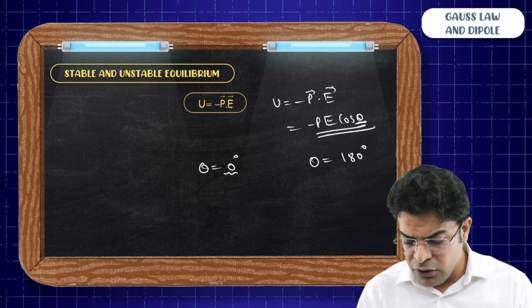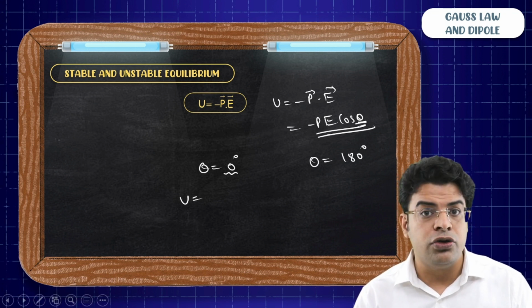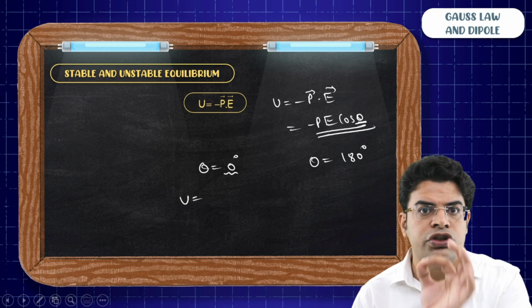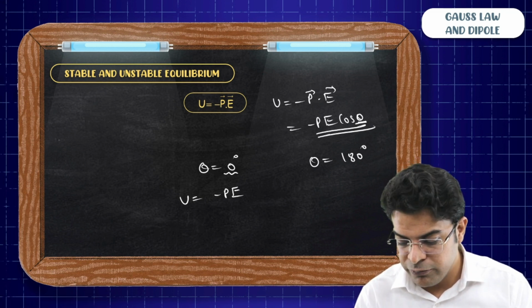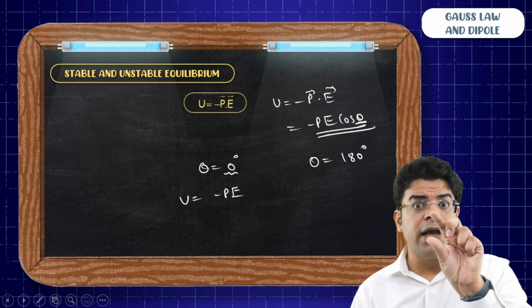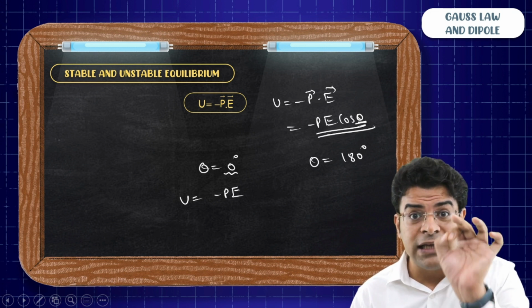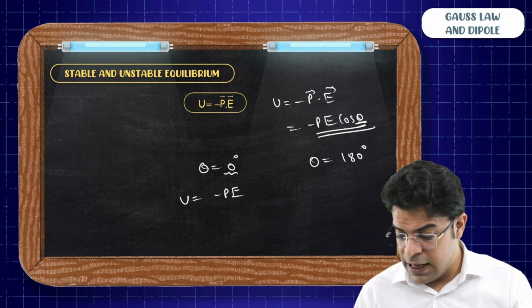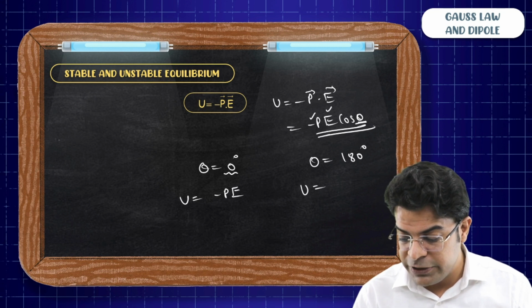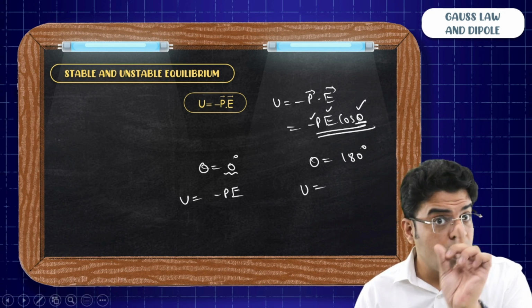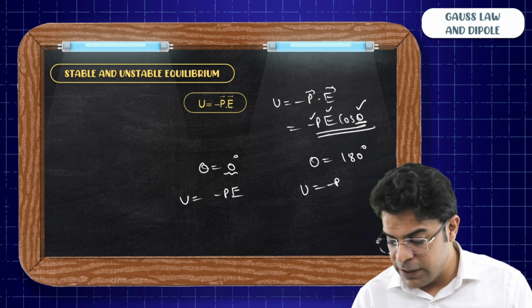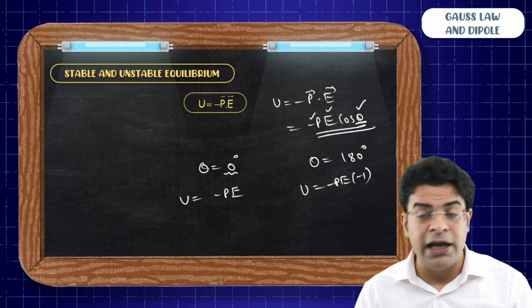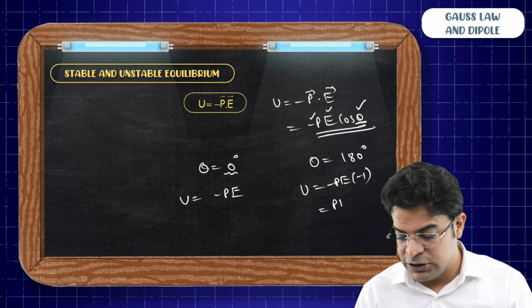So for 0 degrees, I get the potential energy to be minus Pe into cos 0, which is 1, so I get minus Pe. And for theta equals 180 degrees, the other side of equilibrium, I get the potential energy to be minus Pe into cos 180, and cos 180 is minus 1, so minus Pe into minus 1, and minus minus becomes plus, so that becomes plus Pe.